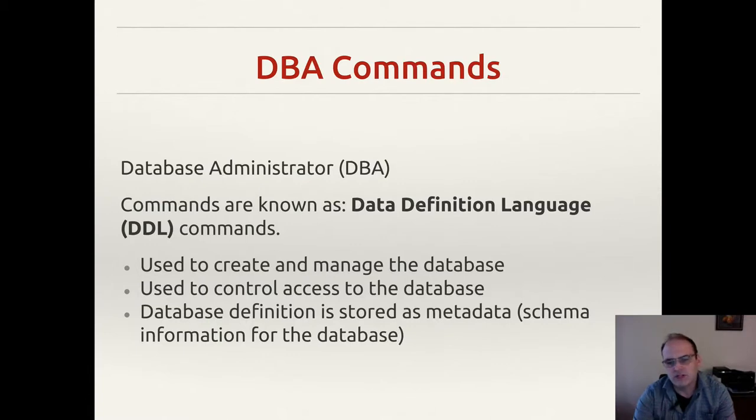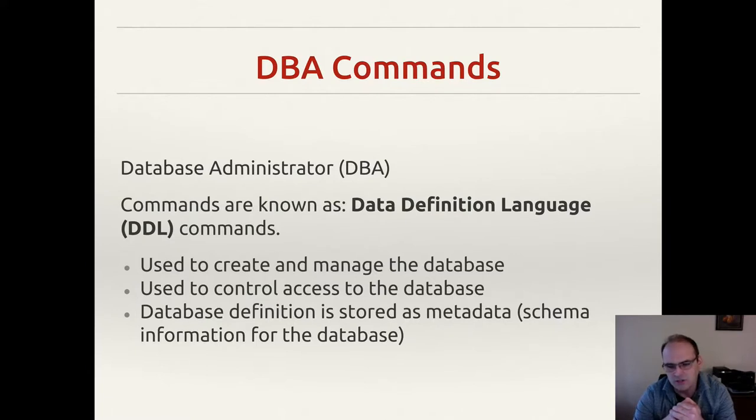All of this information is stored as what is known as metadata, which is data about the data. This is where we store information that describes how we're actually going to store the information that we want to store inside the database. So if I have a user table and it has my first name, last name, and age fields, the metadata would include the size of those fields.